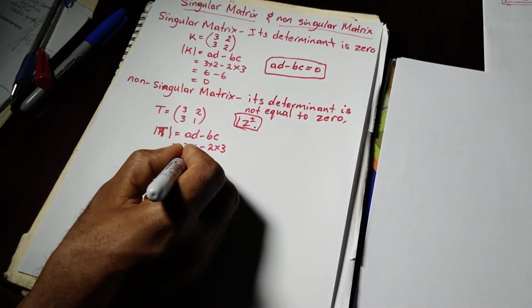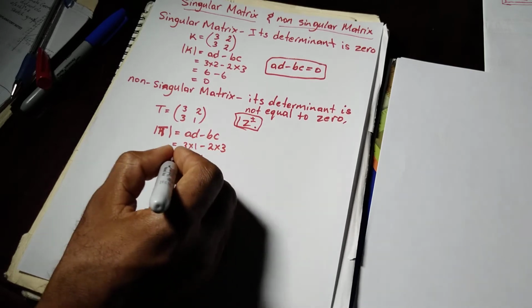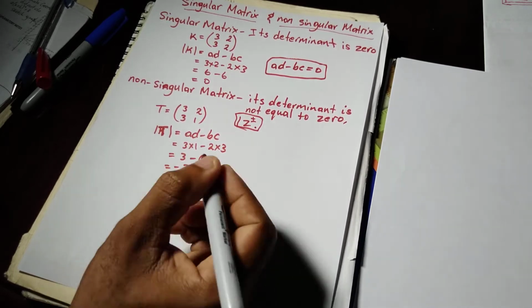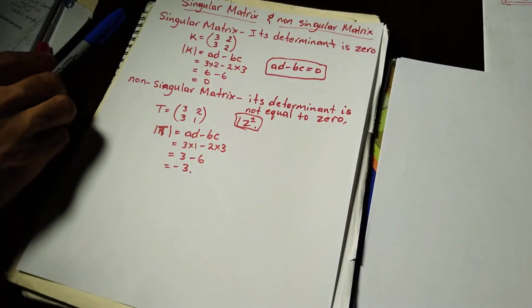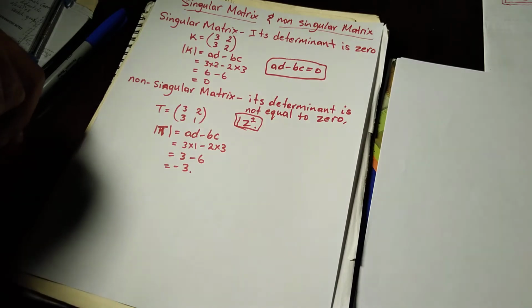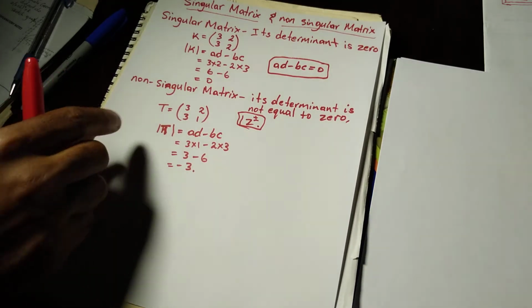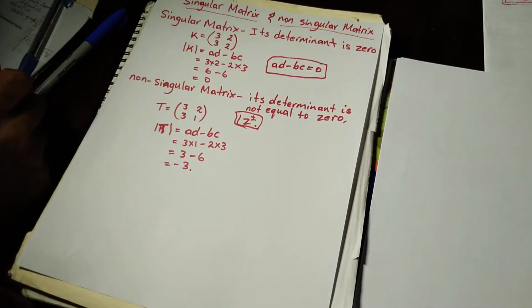So we're going to have 3 minus 6, so it's equal to negative 3. Because this determinant has a value, whether it's negative or positive, this is considered to be a non-singular matrix.